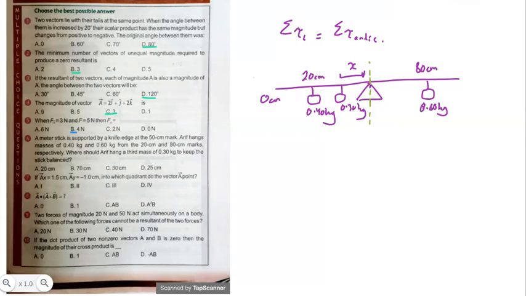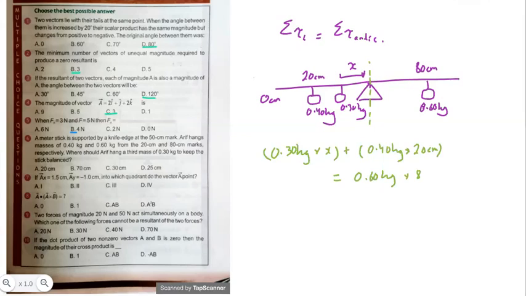First of all, the anti-clockwise torques are 0.30 kilogram into x plus 0.40 kilogram into 20 centimeter. This must be equal to the clockwise one, which is 0.60 kilogram into, okay, the distance must be measured from the axis of rotation till the point where the masses are hanging.